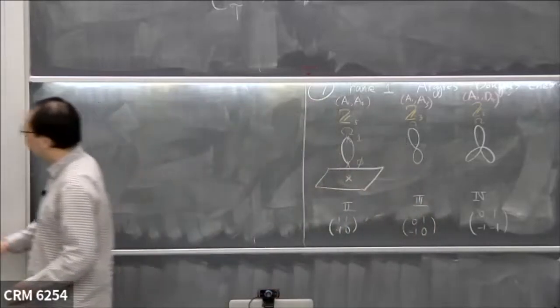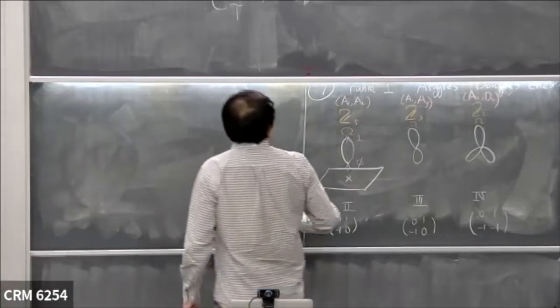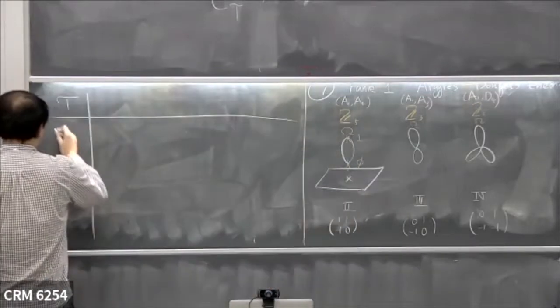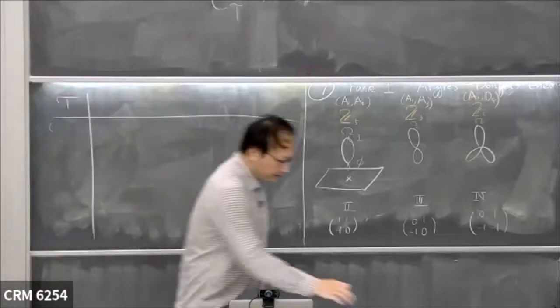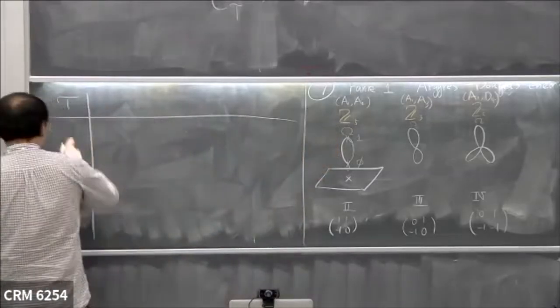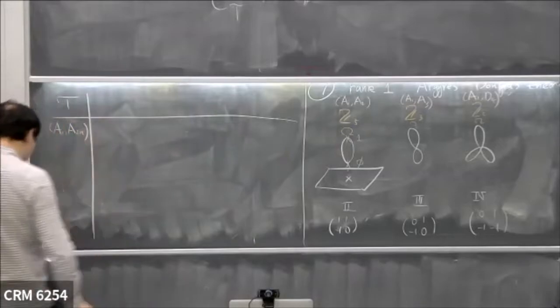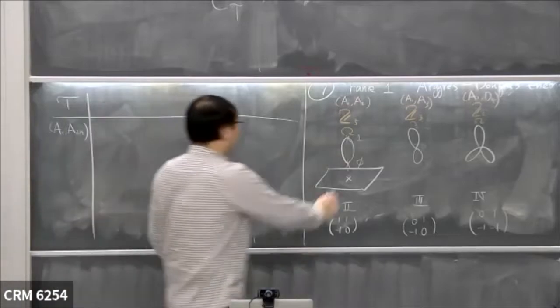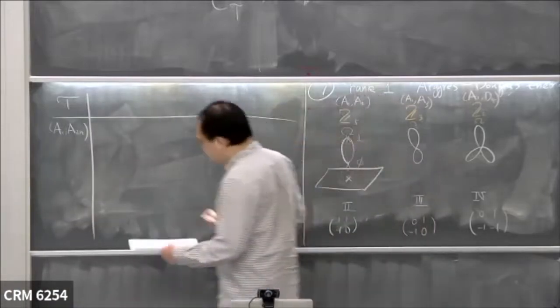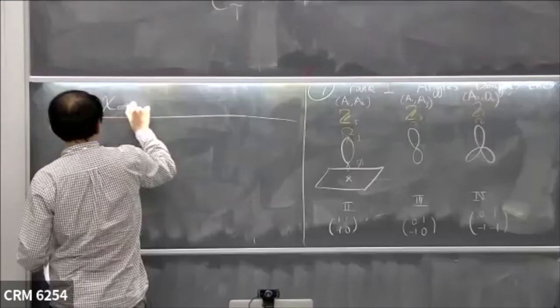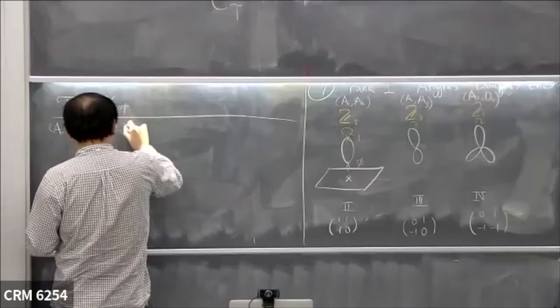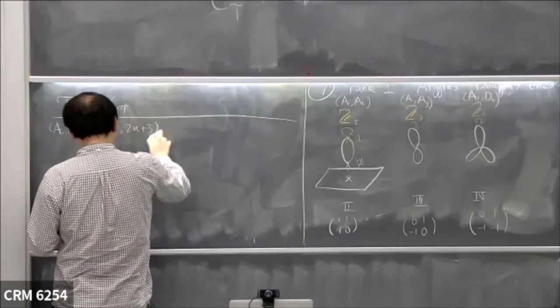Either have this F number larger than 0 or equal to 0. In the world of Argyres-Douglas theories, let me provide you with a table. One can look at, for example, the A1, A2n theories. So they generalize this family. And the VOAs associated with them are the (2, 2n+3) minimal models.